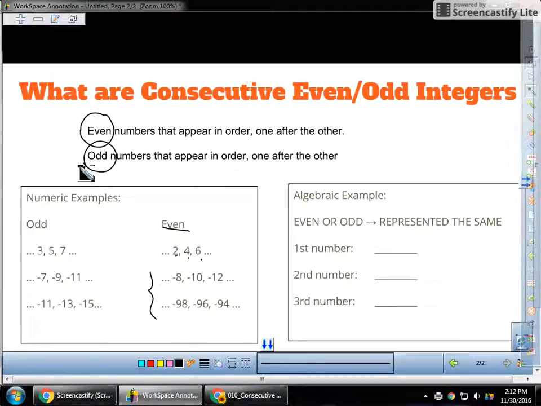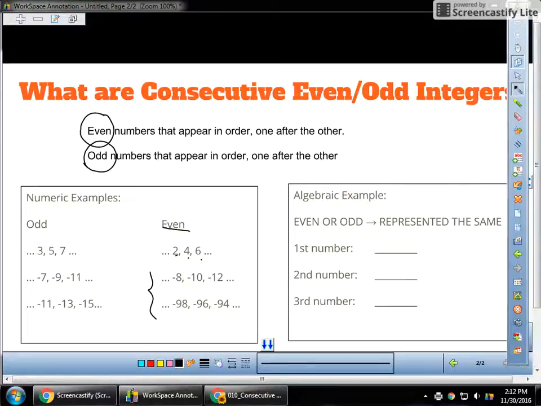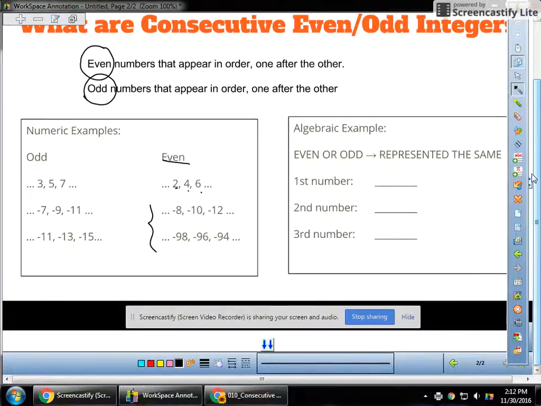Consecutive odd integers again appear in order, one after the other. So you can see that 3, 5, and 7 are odd numbers. -7, -9, and -11 are odd numbers that appear in order. So even and odd numbers need to be represented a little bit differently than regular consecutive integers.